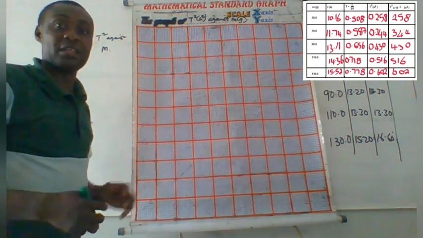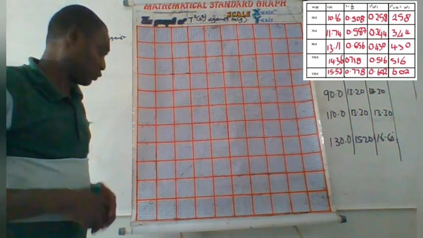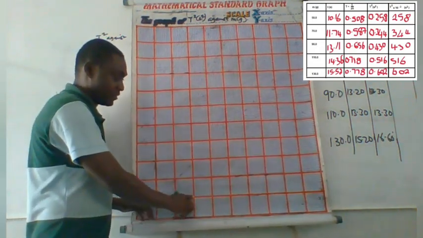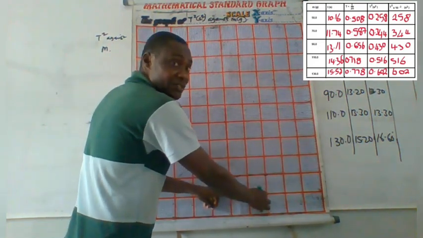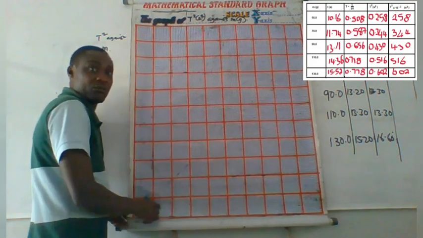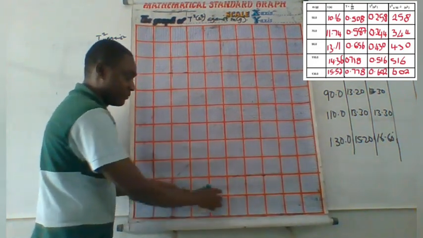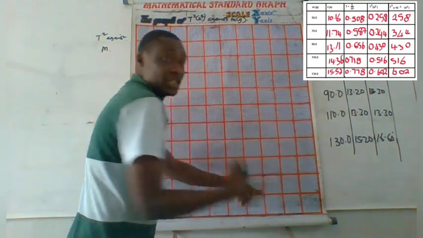So you choose a scale that should be favorable to you. If I start at 0, and I say this is 50, this is 100, and this is 150, I think that will be enough. Or if I go 25, 50, 75, 100, it will not be enough.